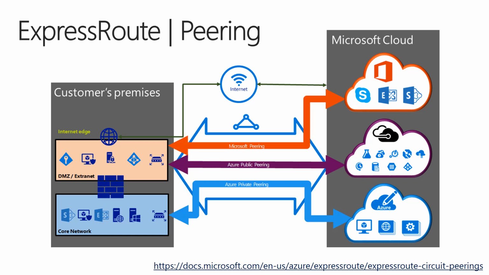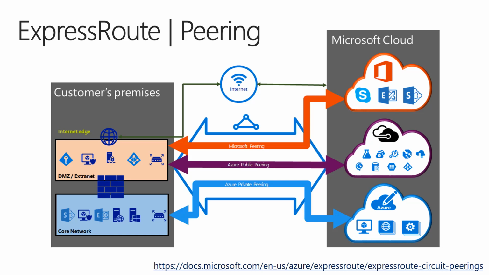What this means is that connections to these public Azure services will be provided via ExpressRoute when initiated from the on-premises network. This ensures that you get a low latency connection to those resources.